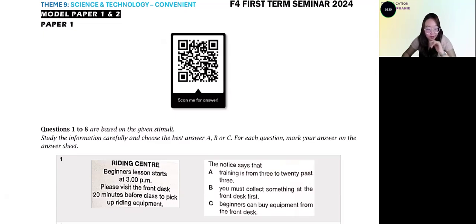I'll be bringing you through from page 5 until the very last page, which is page 18. But I will not bring you through to do it together. I just bring you through each section, explain what kind of question it will look like in case you are a bit worried and want to confirm again, just to recap with you, because I don't think this is a stranger to you. Then the tips and tricks that you can use for that particular section. That's all.